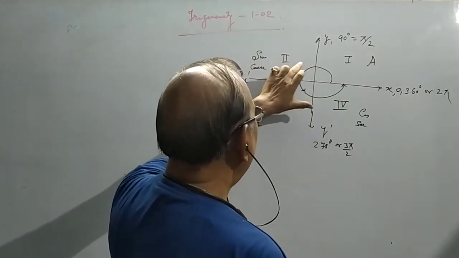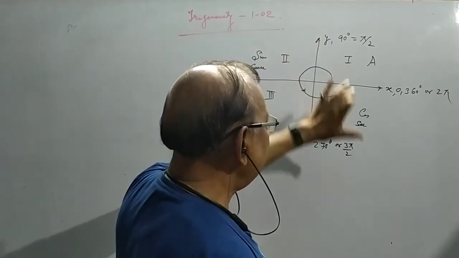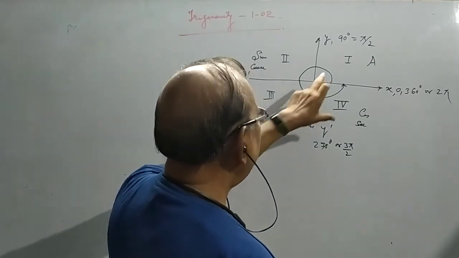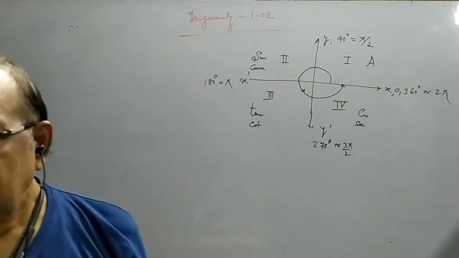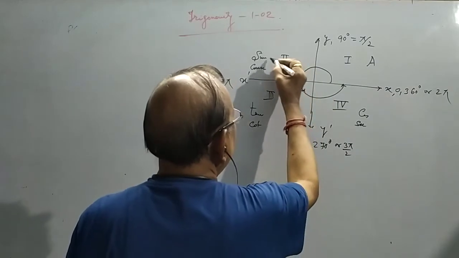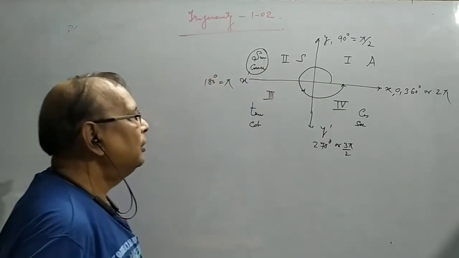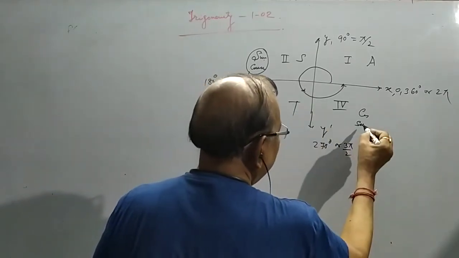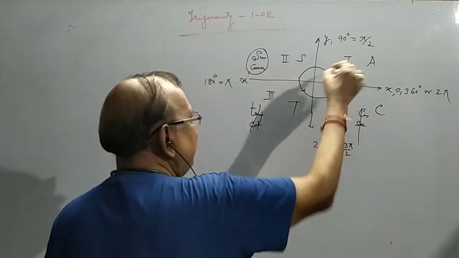Positive for sine first and second, for cos first and fourth, for tan and cot first and third. Or you may observe, so it is easy to remember. I consider S for sine, T for tangent, that is tan, and C for cos, that is ASTC.